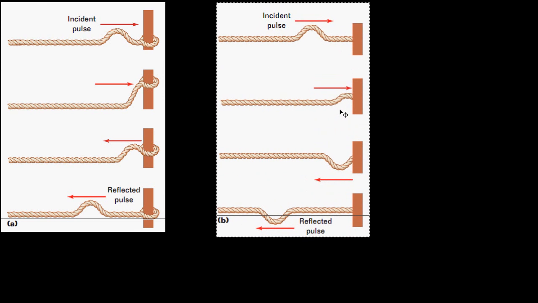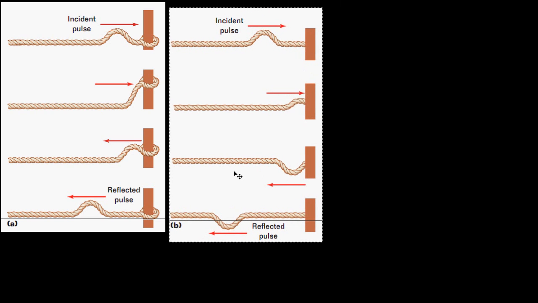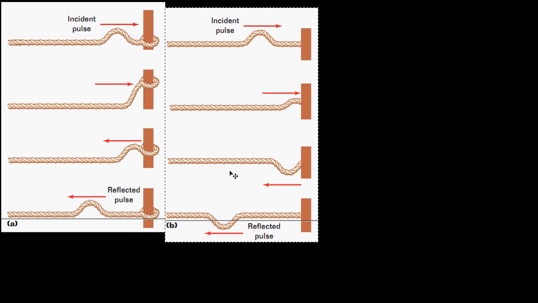Now, compare that with this. This time the end of the rope is fixed. It cannot move up and down with the pole. This time we see the wave, and here it's going towards the pole. It hits the pole, and then the wave reflects, but notice that this time it is inverted.